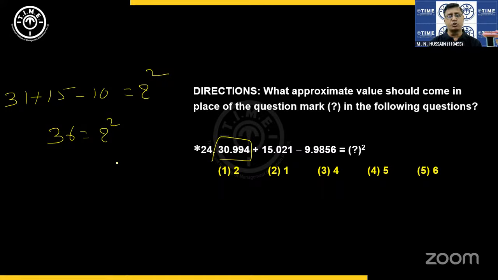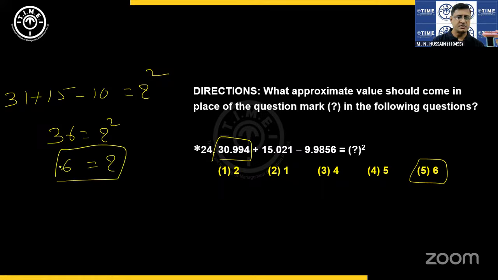What is the value of question mark? Square root of 36. The right choice, option number 5. The value of question mark is equal to 6. Option 5. Fifth choice is the right answer.